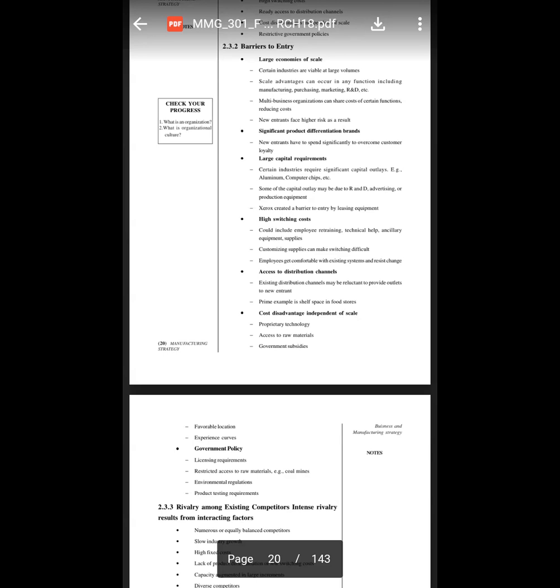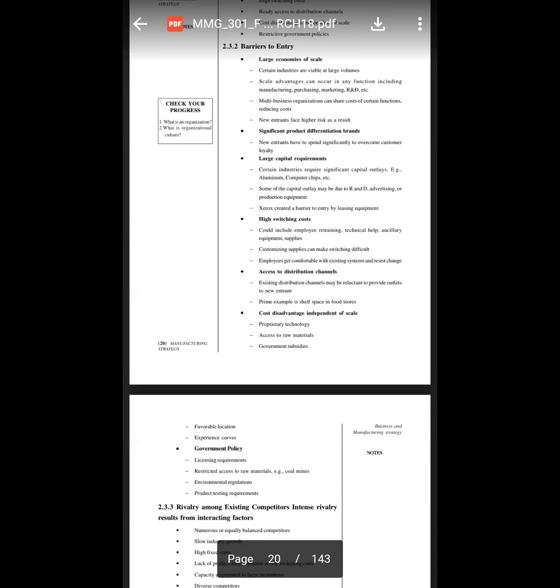Now, high switching cost could include retraining, technical help, auxiliary equipment, and suppliers. Customizing suppliers can make switching difficult. Employees get comfortable with the existing system and resist change.